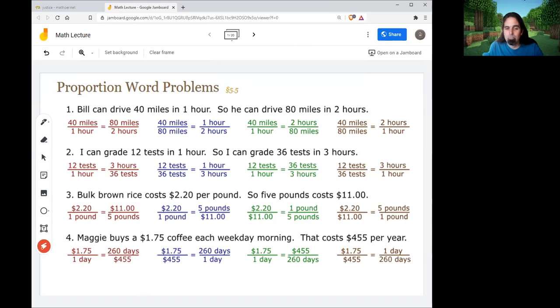Should we be answering? Yep, if you notice something, let me know. Number 1, the first 40 miles over an hour, 80 miles over 2 hours. That's correct.